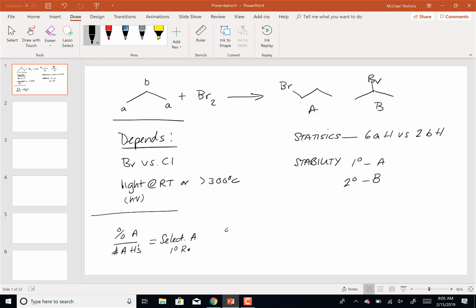And if I do the same thing for B, I take the percentage of product B and divide it by the number of B hydrogens, then that's going to give me the rate of forming the secondary radical.